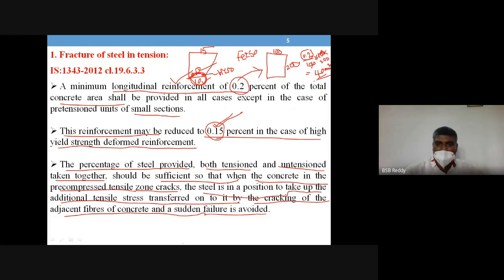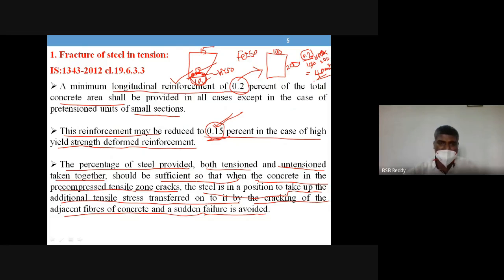And the percentage is not only 0.15. The other clause is whatever stress you get at the bottom tension zone, if concrete cracks, all that stress will be transferred to steel. So the designed steel shall be capable of taking that value.